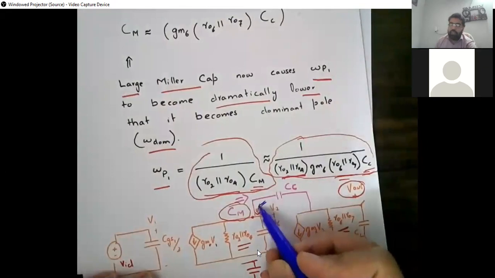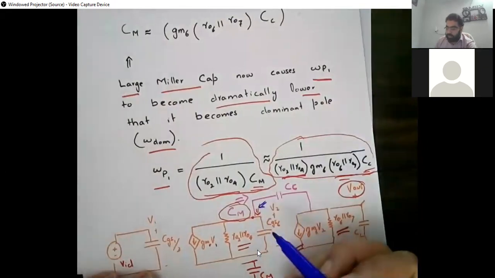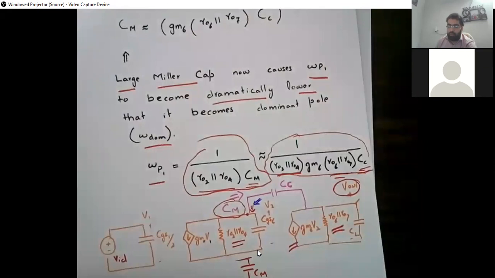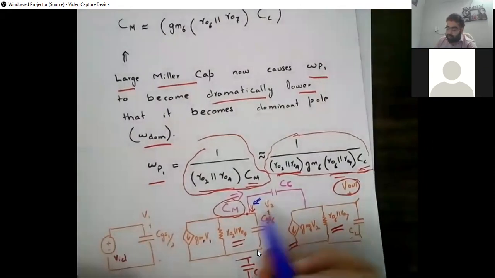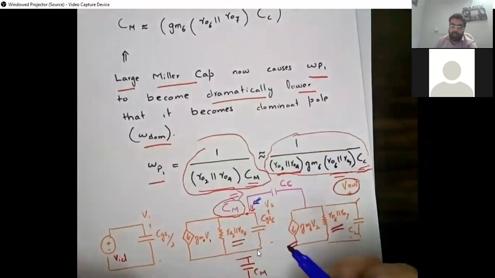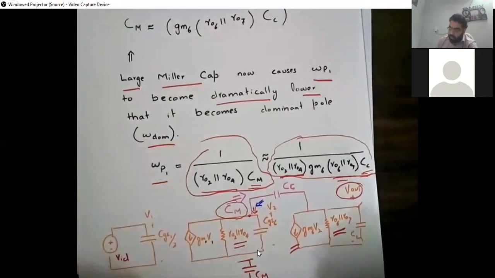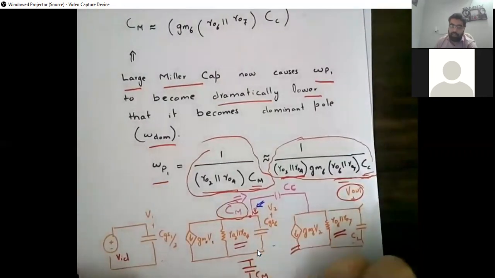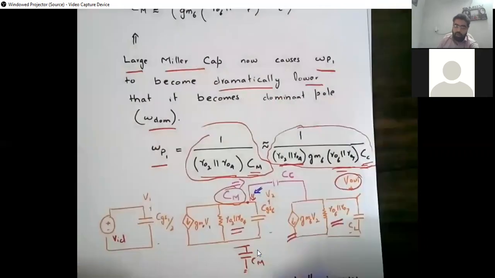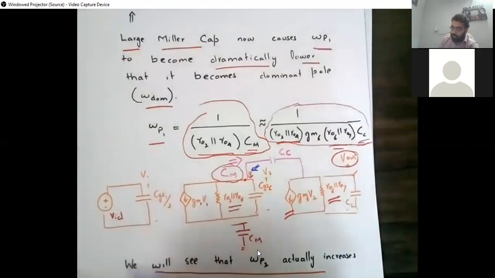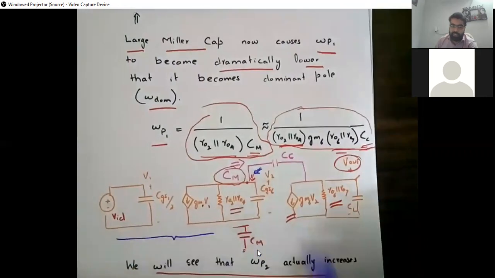This CC is going to form basically a positive or right hand zero with M6 also. Because of the CGS6, a zero is going to be formed with the M6 transistor, or the 1/GM6. You can calculate that if you do the overall calculation as a two-port model for this network, and reach the exact expression.